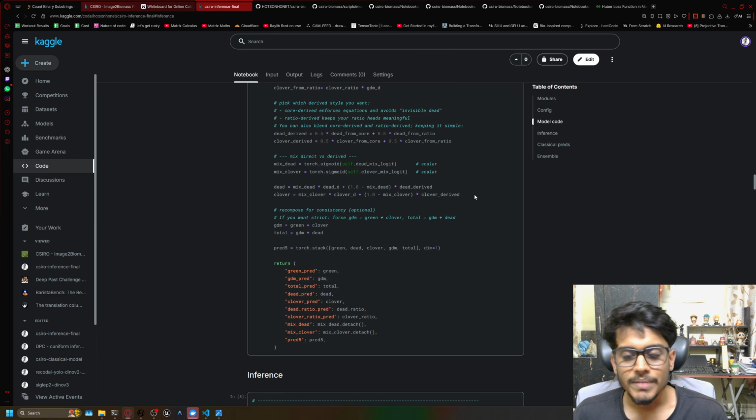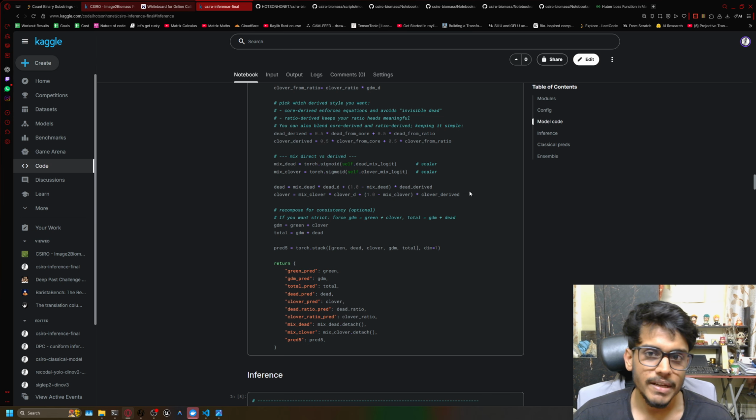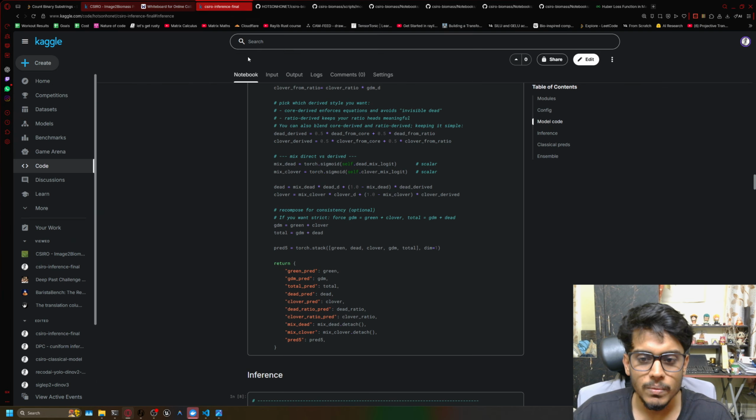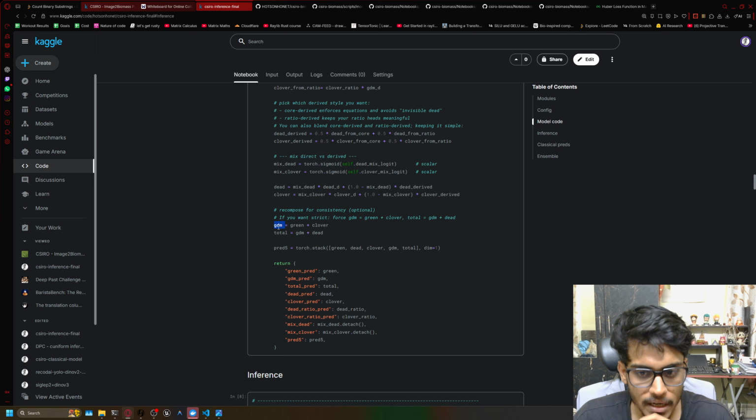Now from this I will get new dead and clover values. But in order to satisfy this constraint, which is that my GDM should be green plus clover, and my total should be GDM plus dead, I was replacing the predicted GDM and total value with whatever dead and clover value I got. So I was again computing the GDM, and again computing the total from the summation constraint.